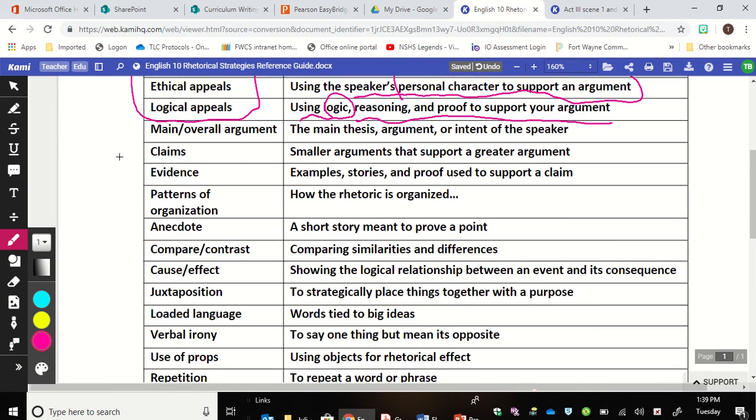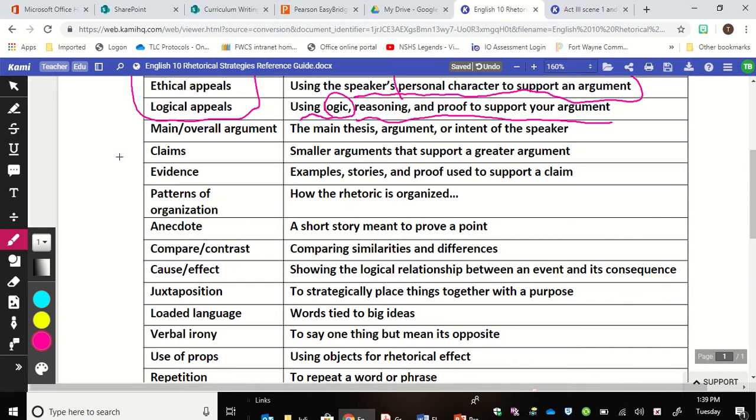Well, after reviewing those, one of the things that is worthy of note to go back into Act 1, Scene 2 is this word right here. A lot of students have never heard this word until they get to this point, which is called an anecdote, which is a short story meant to prove a point. In Act 1, Scene 2, Cassius tells a couple of anecdotes about Julius Caesar to make him seem weak.